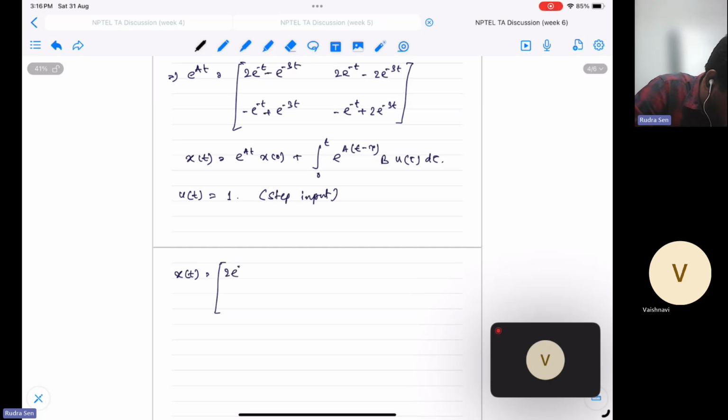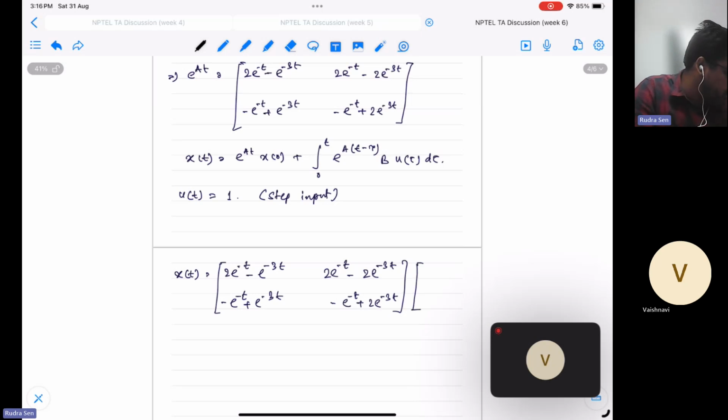So 2 e to the power minus t minus e to the power minus 3t, and x0 you have given is 1, 0.